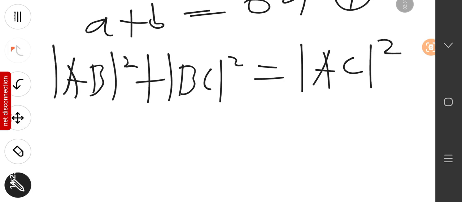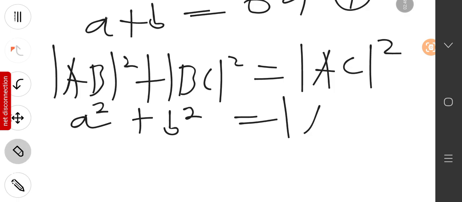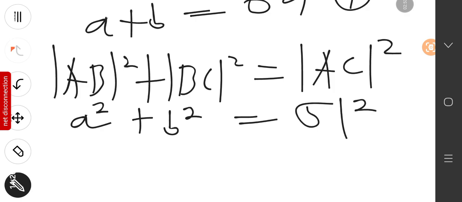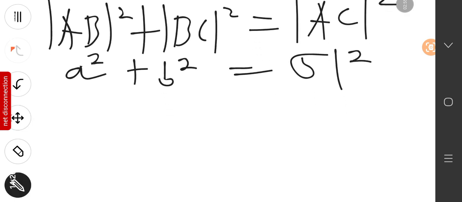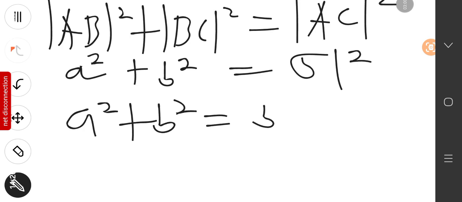We have represented AB with A and BC with B, so A squared plus B squared equals 51 squared. Let's call this equation 2.